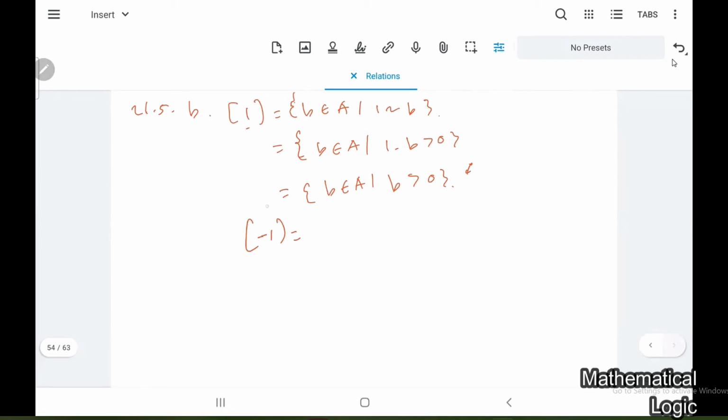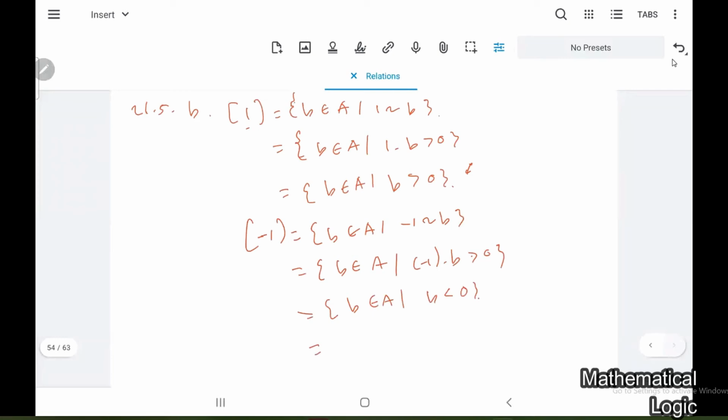So for another one, maybe -1, B in A such that -1 is related to B. So we have B in A such that -1 times B is greater than 0. So what is this? This one is B less than 0, right?